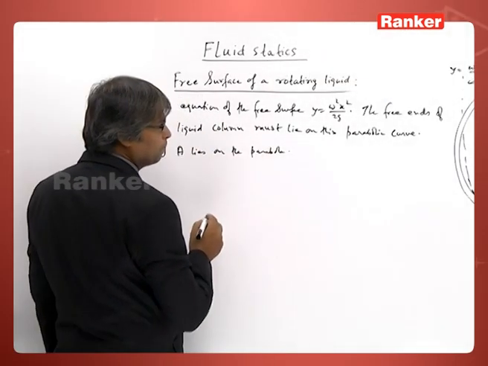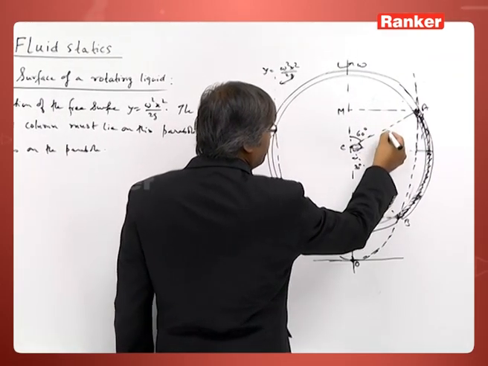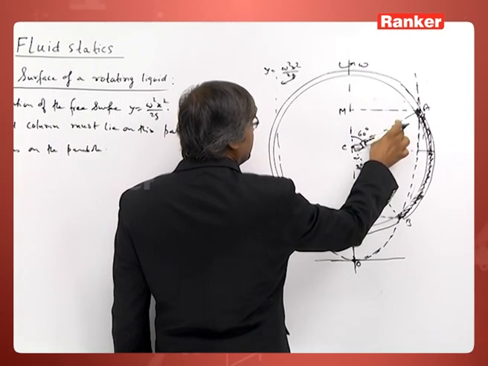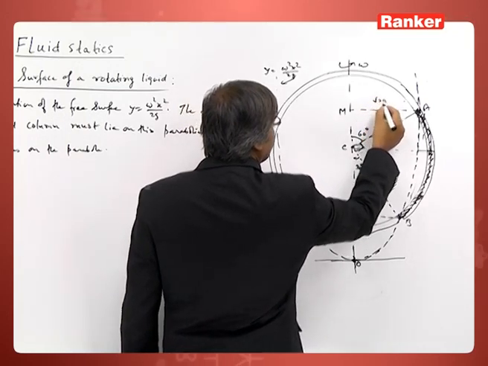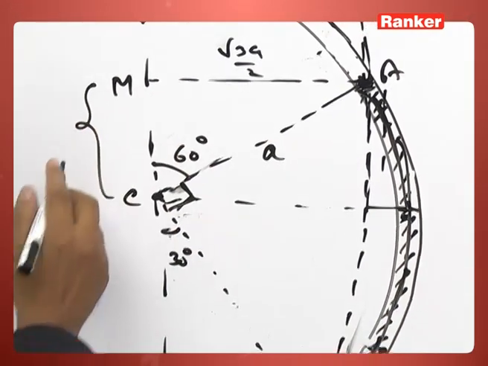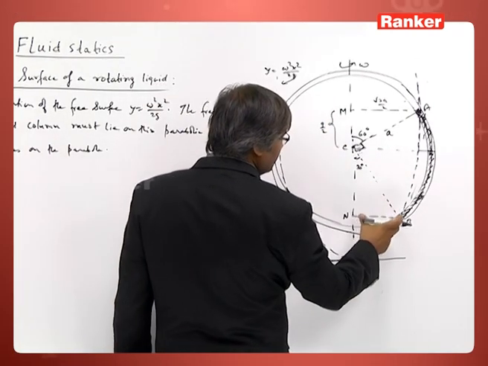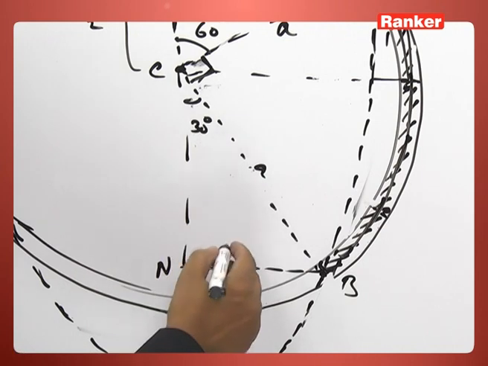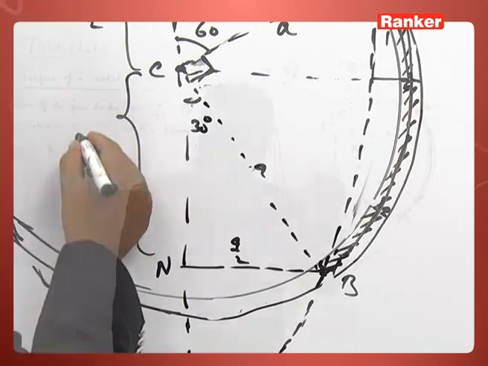Let us see the coordinates of A. This is radius a, and this a sin 60 is equal to root 3 a by 2, and we have this as a cos 60, that is a by 2. Again, here this is again a. So, we have this B as a sin 30, that is a by 2, and this will be having a root 3 by 2.